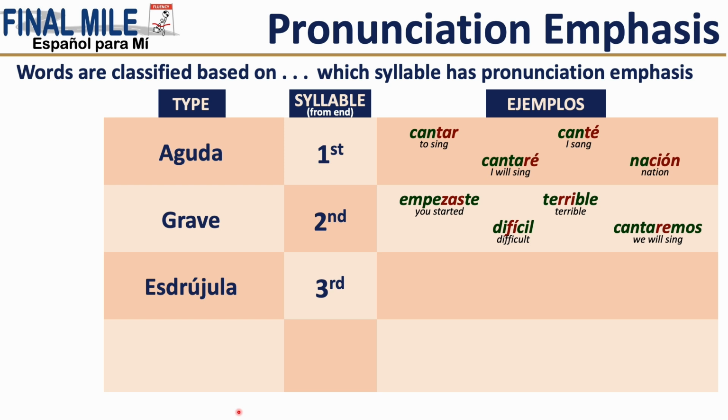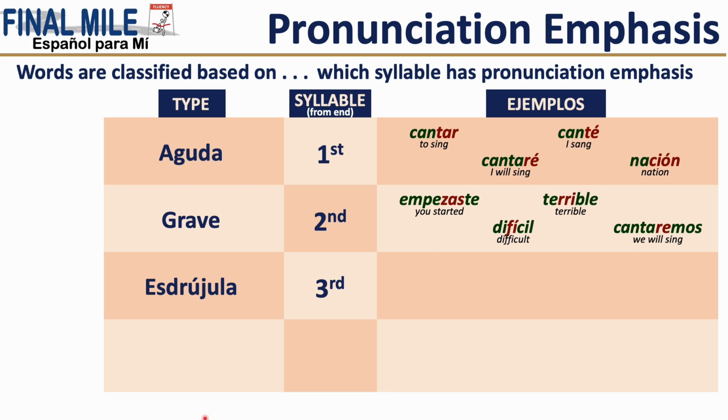These are going to have pronunciation emphasis on the 3rd syllable. What do we know about these words? Every one of them will have an accent mark, a graphic accent, because every word that has pronunciation emphasis on the 3rd syllable or 4th or 5th or 6th has to have a graphic accent. It's only a question with the 1st and the 2nd syllable when there is no accent.